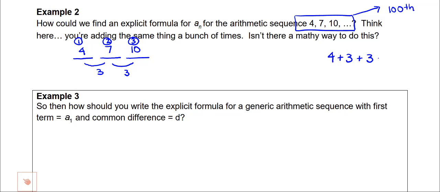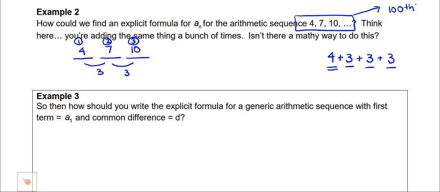Third term. Who's this? Which term? But I've only added 3 3s. But I'm at the fourth term. How come they don't match? Because when I start at the first term, I don't do anything to get to the first term, don't I?